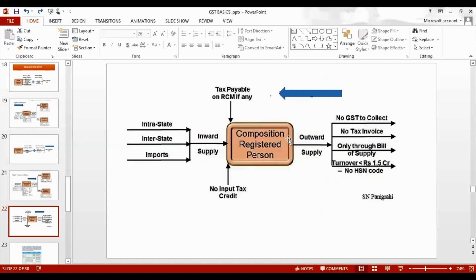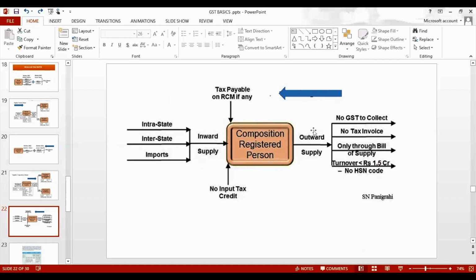For a composite registered person, there are within-state purchases or sales, out-of-state purchases or sales, and imported goods purchases or sales. These types of places are mentioned here. For inward supply, there is no input tax credit.